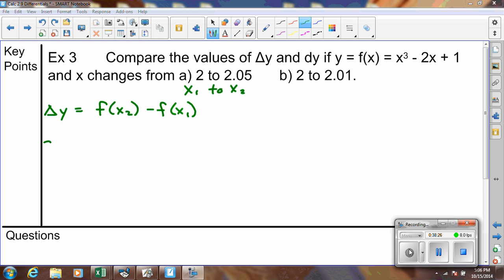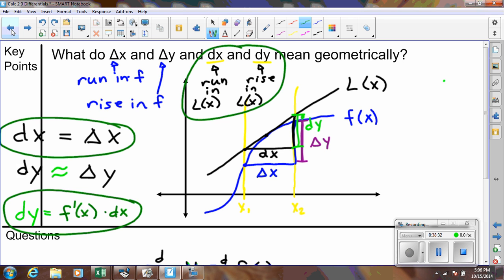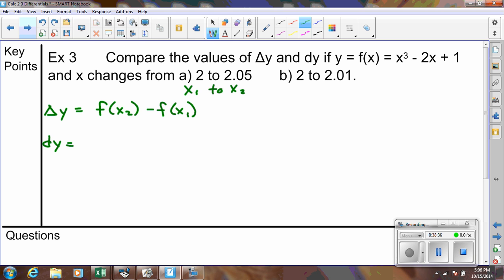dy is equal to, reminding you back on the last page, f prime of x times dx. So this is f prime of our major feature we're looking at. This is going to be for the x value of 2.